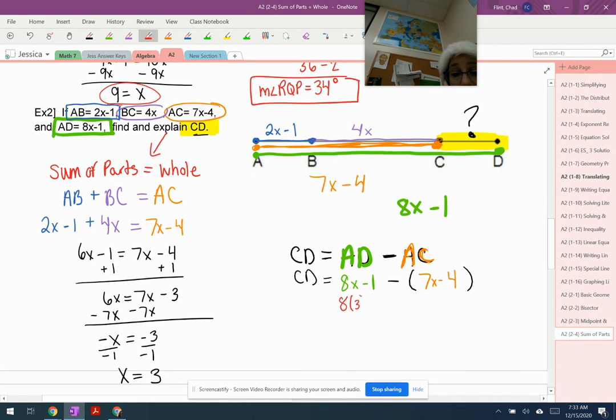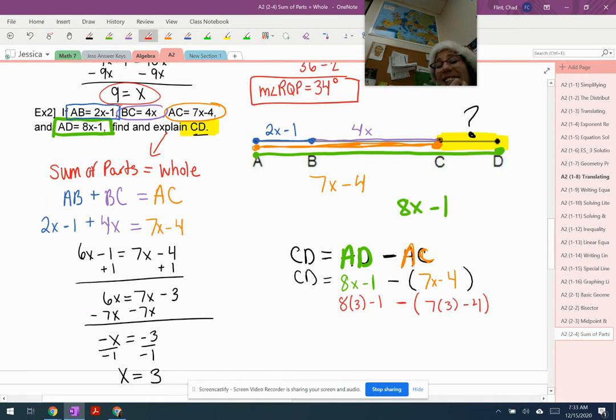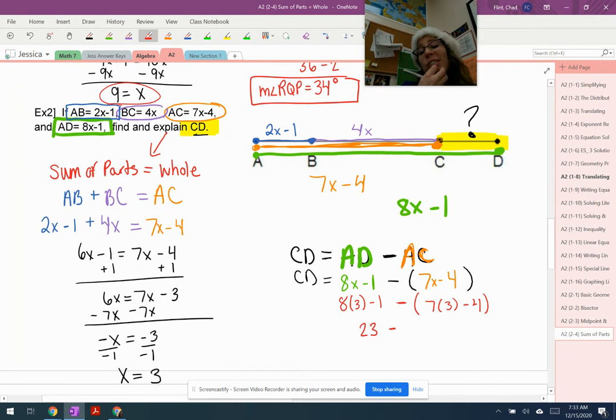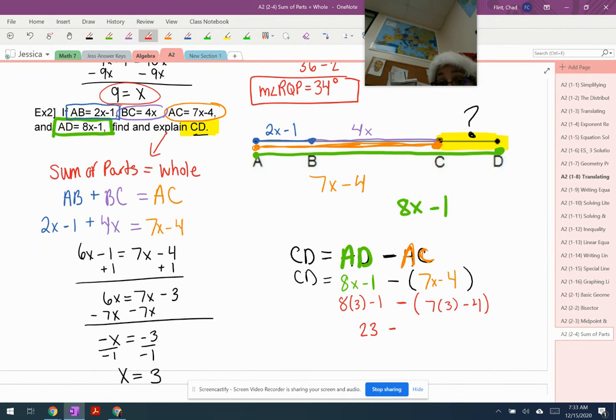So 8 times 3 minus 1 minus 7 times 3 minus 4. So 8 times 3 is 24 minus 1 is 23. 7 times 3 is 21 minus 4 is the same as 20 minus 3, which is 17.